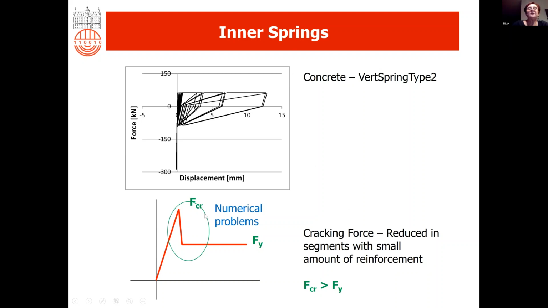And in this case, the model can experience some numerical problems, which can be solved by reducing the crack force to the yielding force. That means that in this range, we will not have the exact results, but since we are typically interested in the very nonlinear response, this is not quite a large problem.